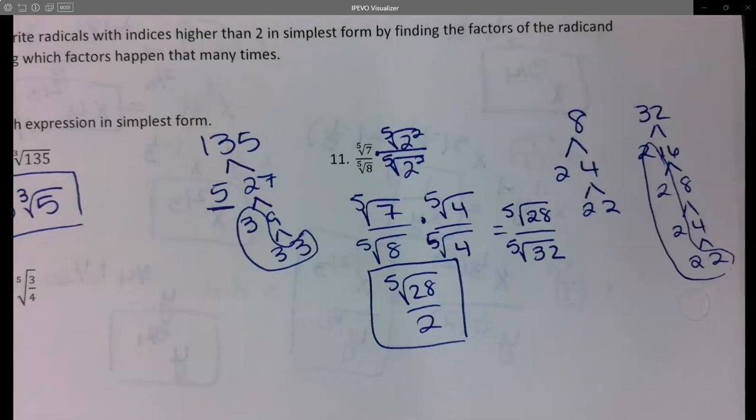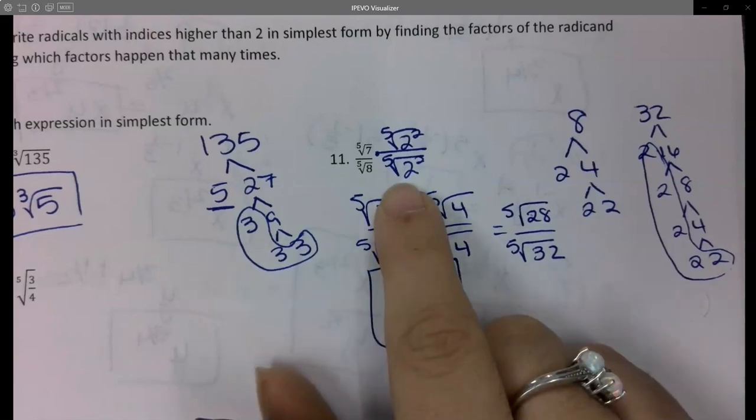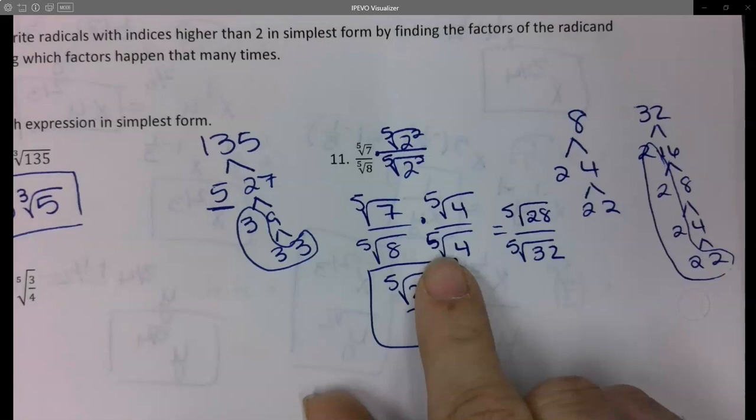Questions here? What do you mean? I did times it by 2. 2 squared is the same thing as 4.